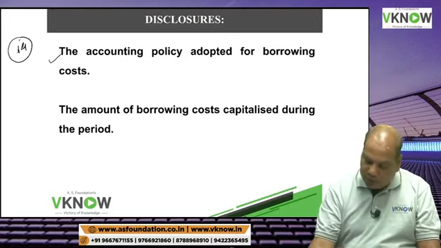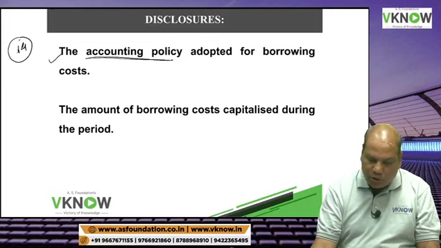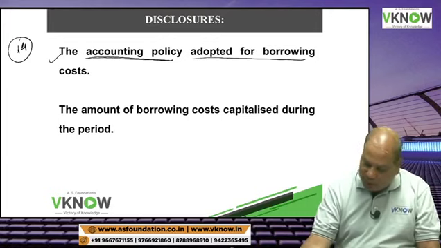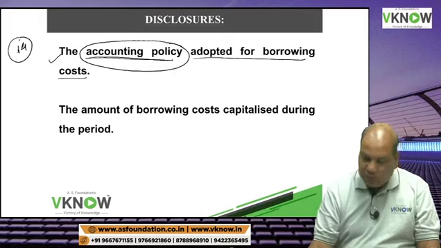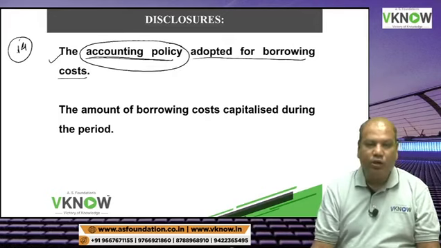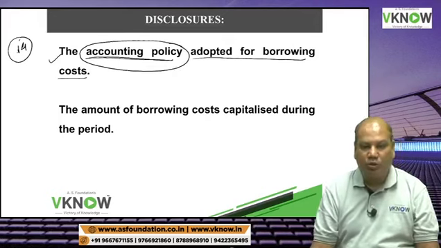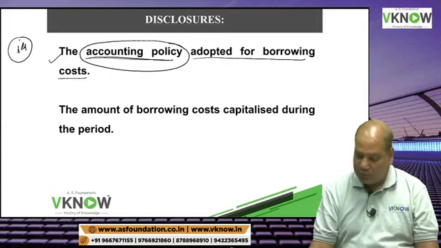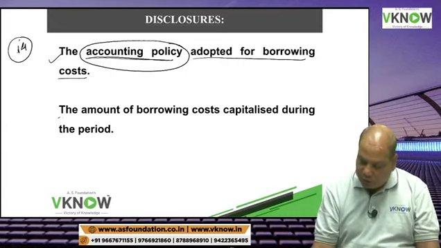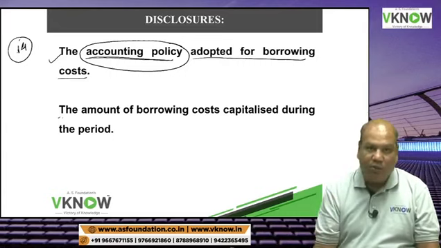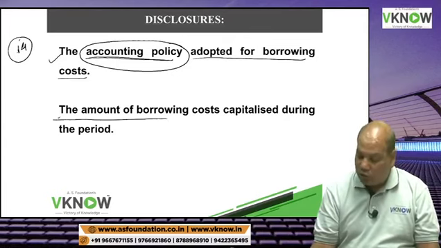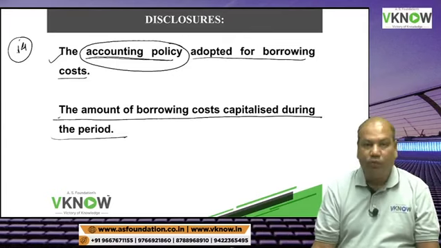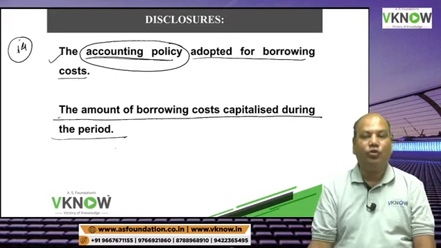One is to disclose the accounting policy adopted for borrowing cost, like many other standards, so whether they capitalize the borrowing cost, whether they charge to P&L account, etc. And next, if you have capitalized any borrowing cost, then disclose the amount of borrowing cost capitalized during the period.